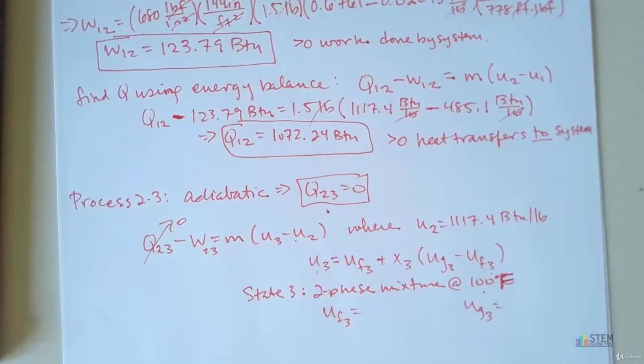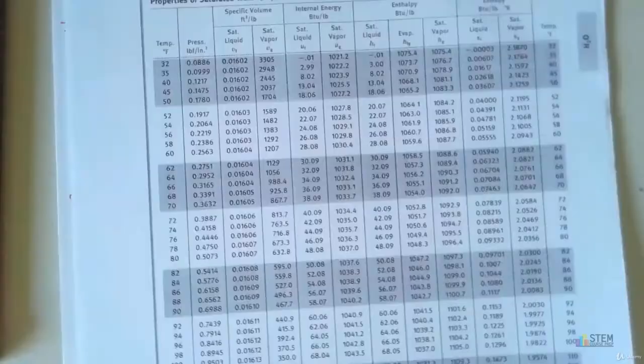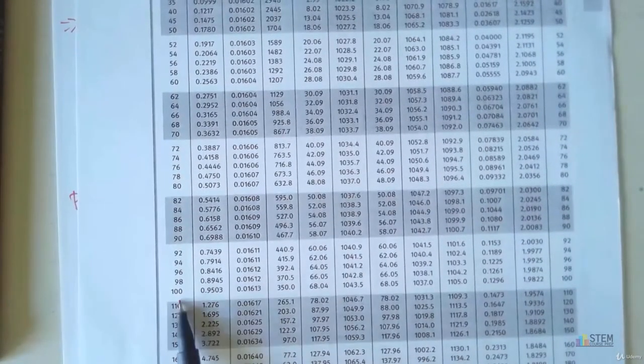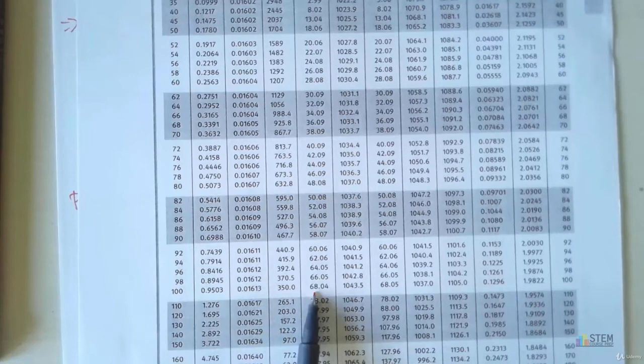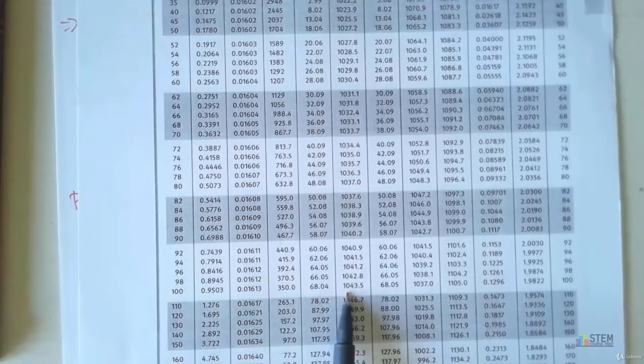So if we go over here to that table, here's our table. Here's 100. Just go over to the right until we get to UF, which is 68.04. And then for the G term, we're going to have 1043.5. These are both BTU per pound.